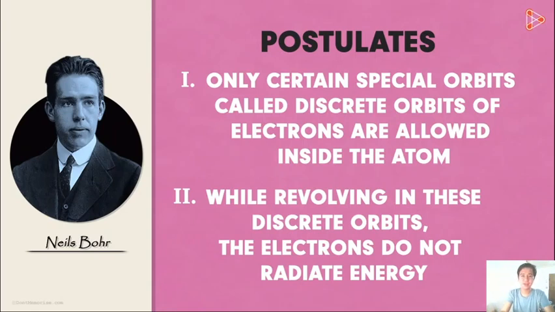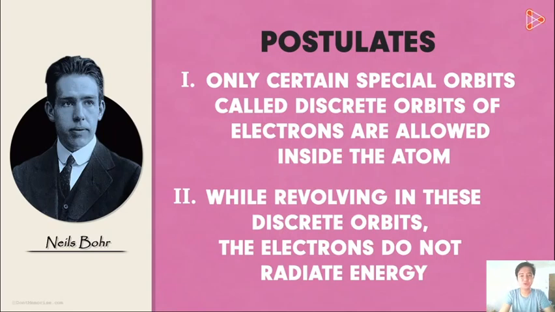He proposed that only certain special orbits, which he called discrete orbits of electrons, are allowed inside the atom. Second, while revolving in these discrete orbits, the electrons do not radiate energy. So these are the major predictions of Niels Bohr about the atom.